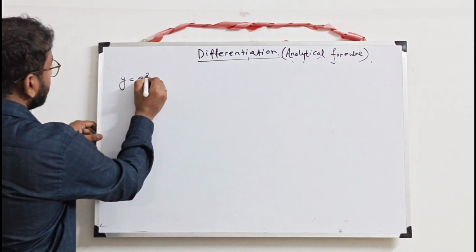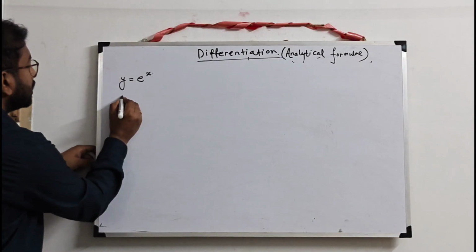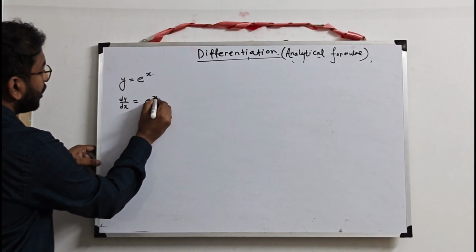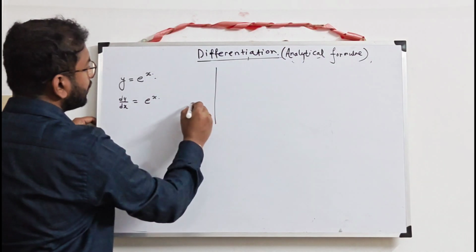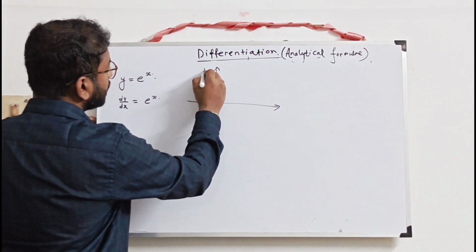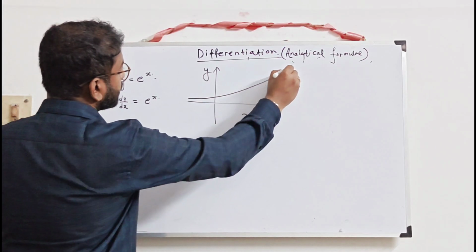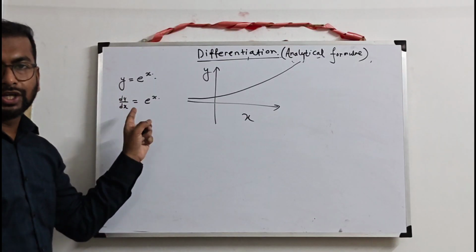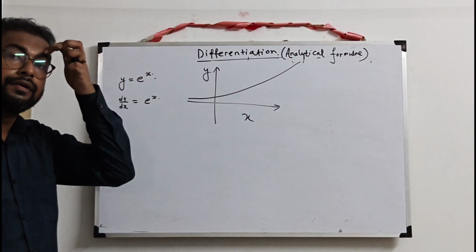Now let's study this function y equal to exponential x. The dy/dx value of exponential x is also exponential of x. Now if I plot this graph, exponential of x, the graph will look exactly like this. So see, if the function is exponential of x, its slope is also exponential of x.